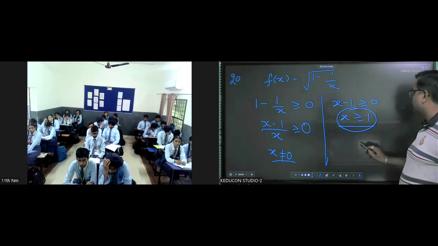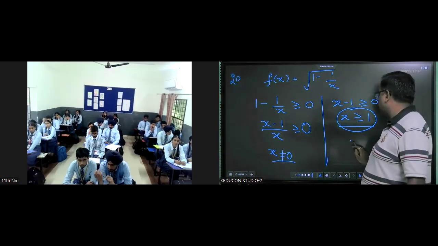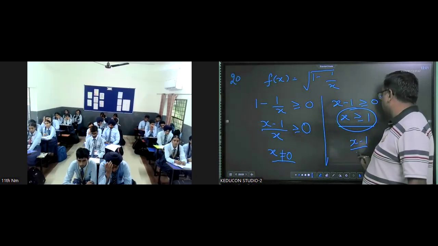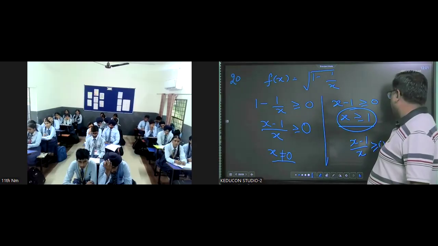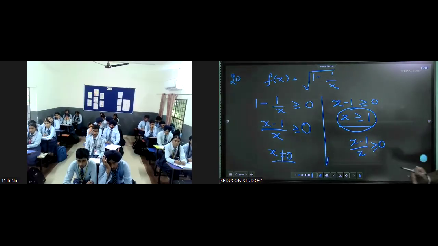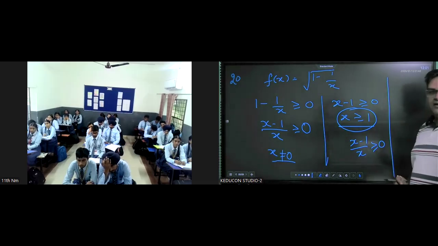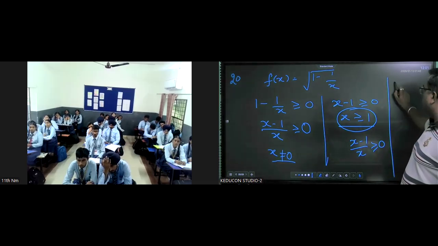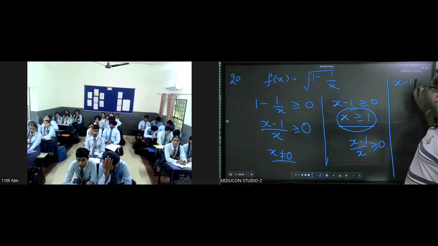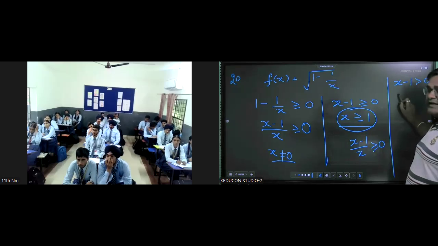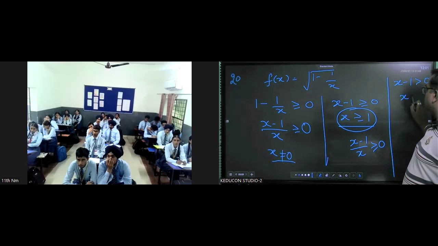Another thing is when you solve this, we want this entire thing should be greater than equal to 0. Is it clear? Now, if this is greater than 0, means it is positive, right? So denominator should also be positive.